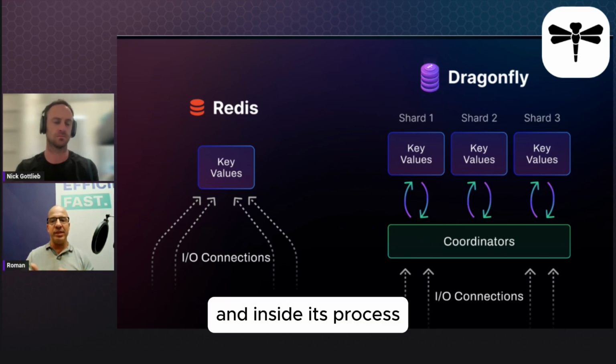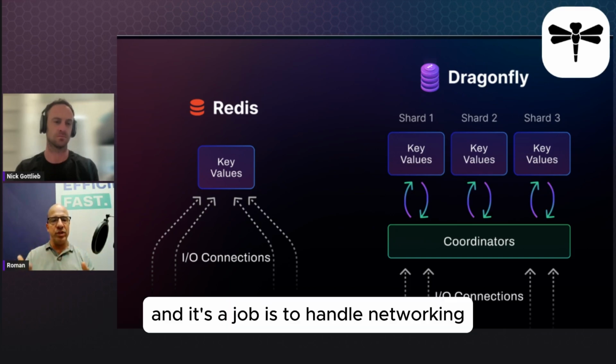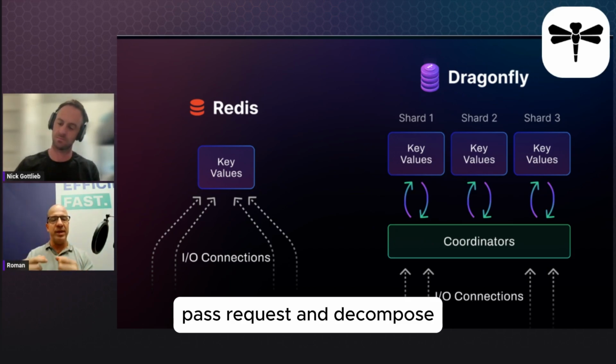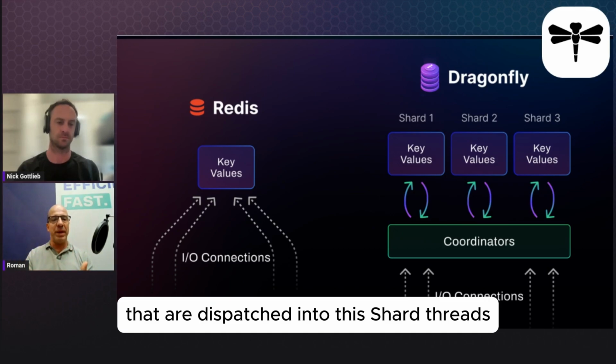And inside its process, it has a slim and very efficient coordinator layer. Its job is to handle networking, parse requests, and decompose each Redis operation into micro operations that are dispatched to these shard threads.